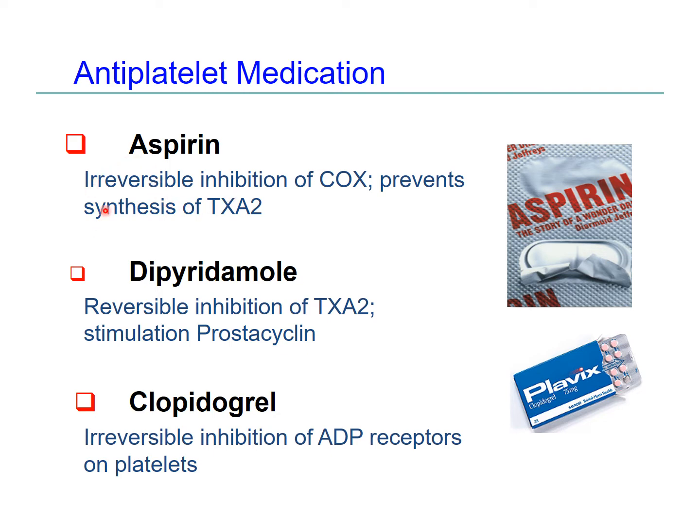So aspirin is one of the non-steroidal anti-inflammatory drugs which causes irreversible inhibition of the cyclooxygenase pathway and prevents synthesis of thromboxane A2, which has procoagulant properties.